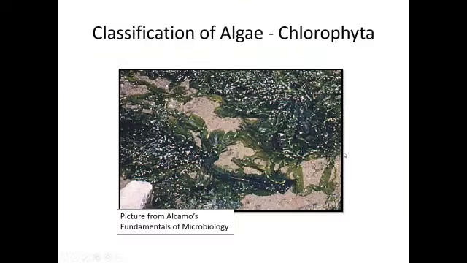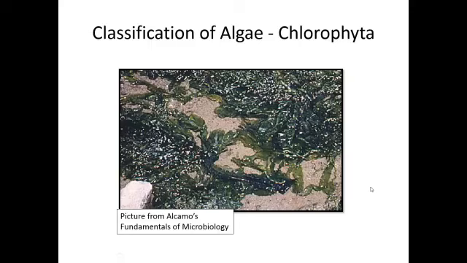First, the chlorophyta, or the green algae. Green algae are found in all sorts of marine and freshwater environments. They go all the way from colonial to multicellular organisms like the seaweed that you see here. They are most closely related to plants.